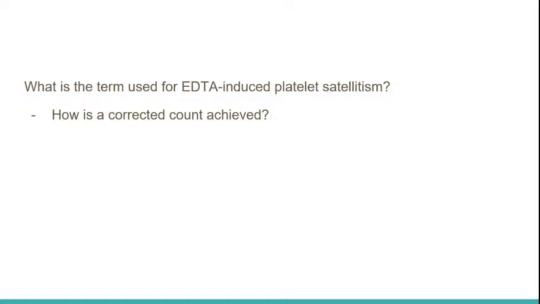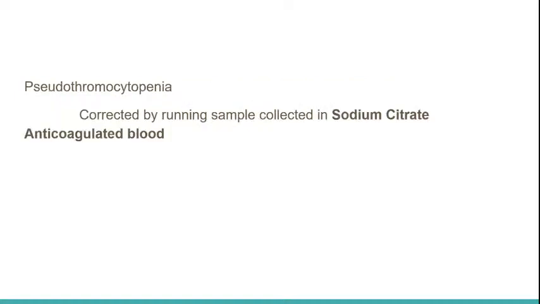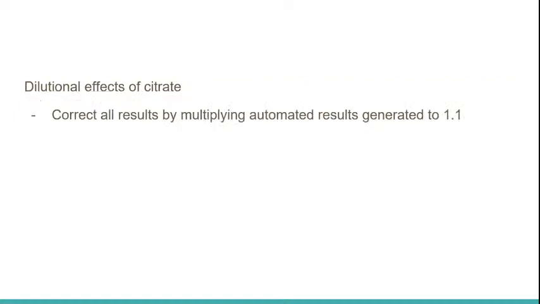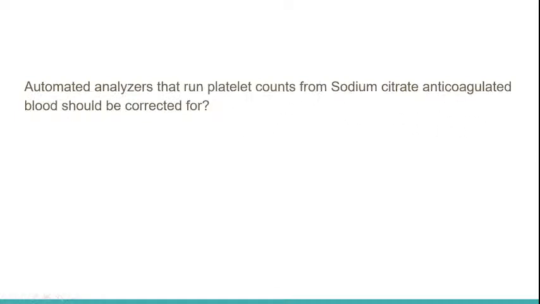Okay? But we need to do computations. If an automated analyzer was used on sodium citrate anticoagulated blood, we need to correct it by multiplying the platelet results by 1.1. Okay?